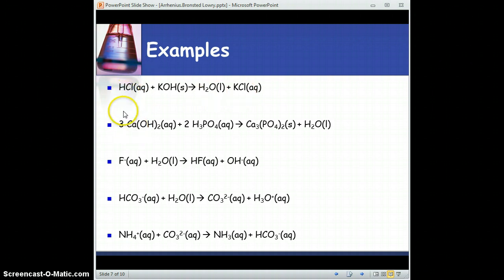Chlorine has a hydrogen here, and as it undergoes the reaction, it loses a hydrogen. As I stated before, acids lose and bases gain, so we're going to identify hydrochloric acid as, not surprisingly, an acid.